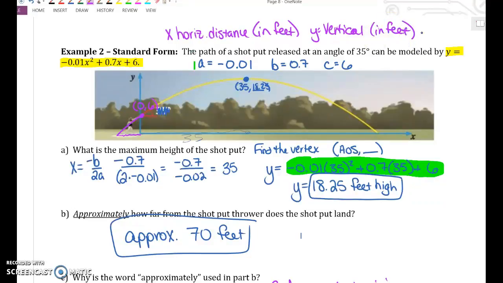So a properly worded problem would have explained with more words, blah, blah, blah, in feet, blah, blah, blah, in feet. Okay, turn the page and let's look at the third word problem.